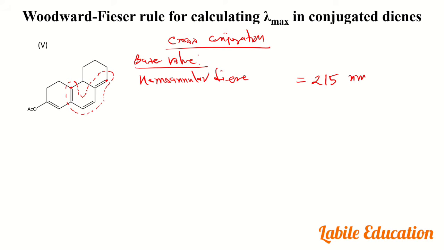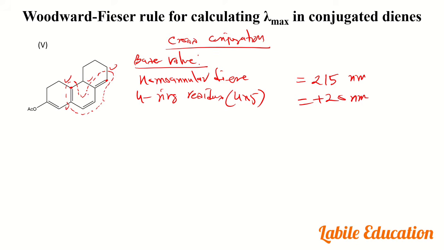So 215 nanometer. Now we have marked the conjugated system. Here in the conjugated system, you can see there are ring residues: the first ring residue, second ring residue, this is third, and this is fourth. Total 4 ring residues. So contribution will be 4 into 5, that will be 20 nanometer.